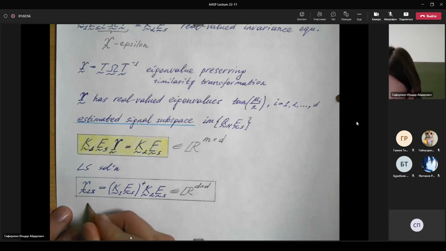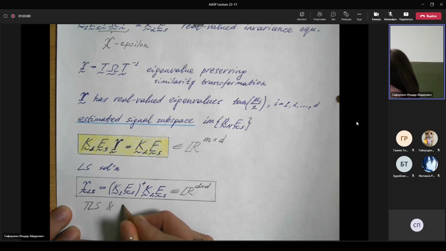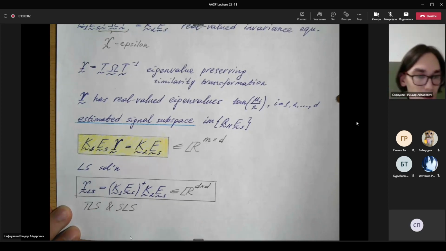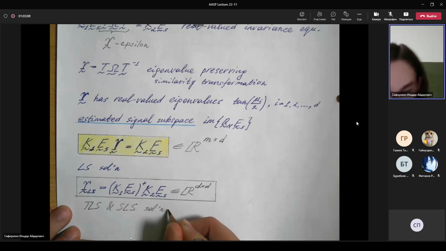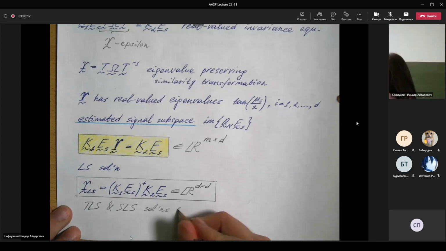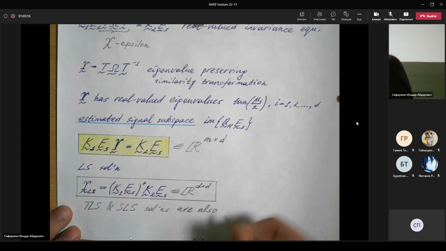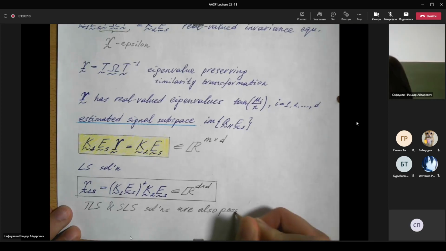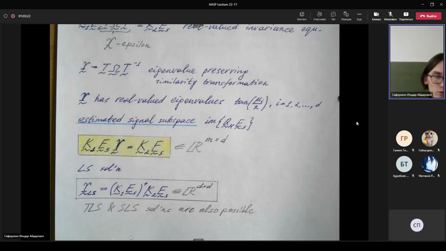So TLS and SLS solutions are also possible.